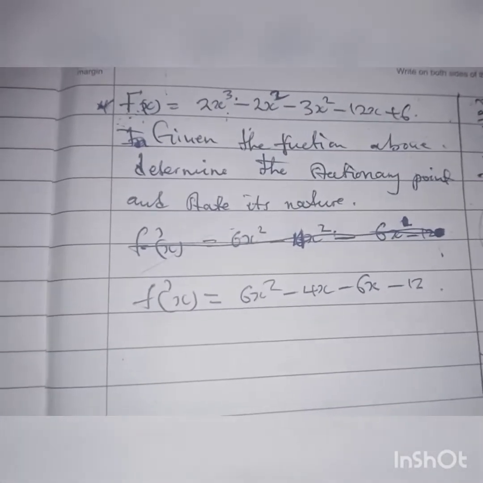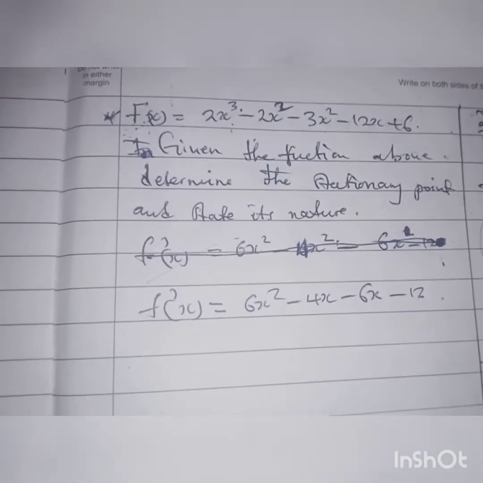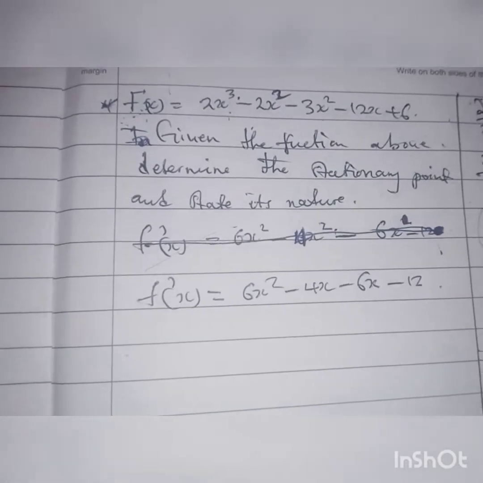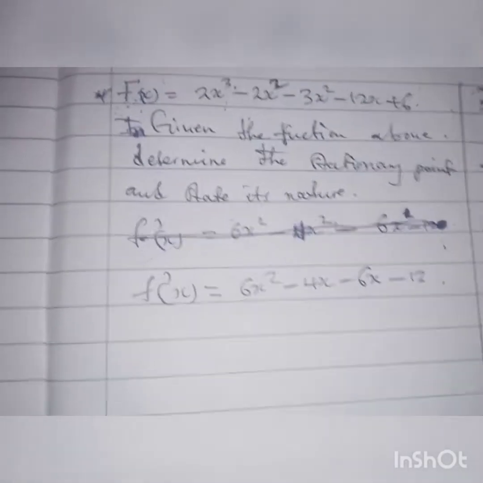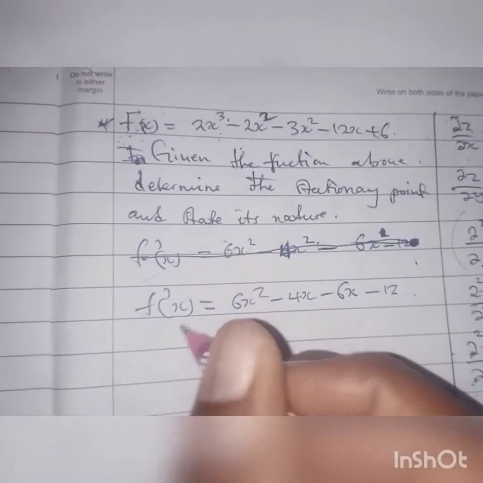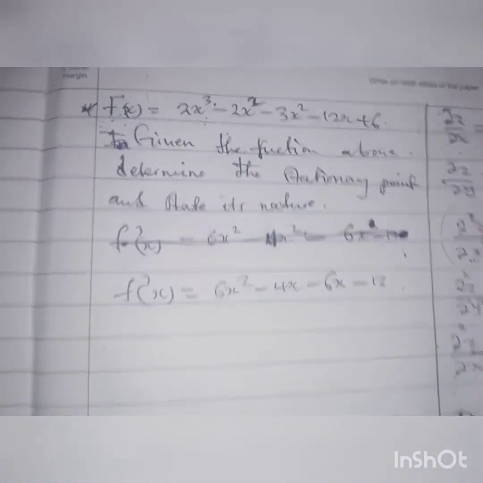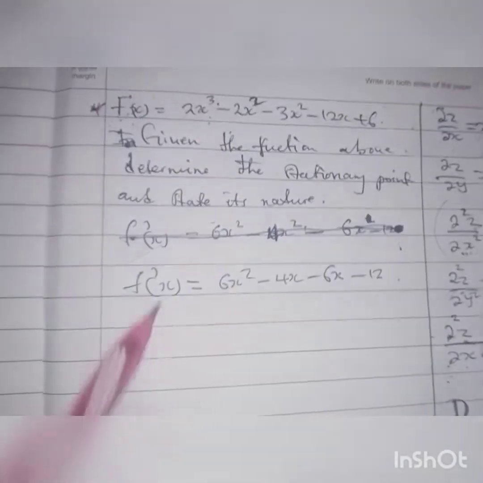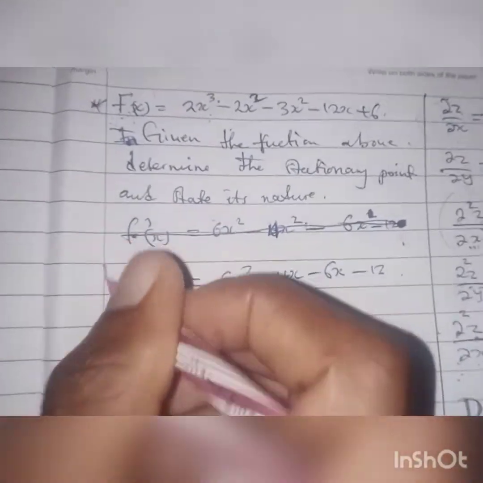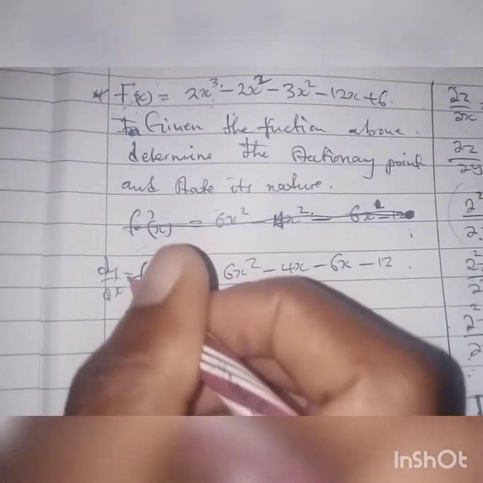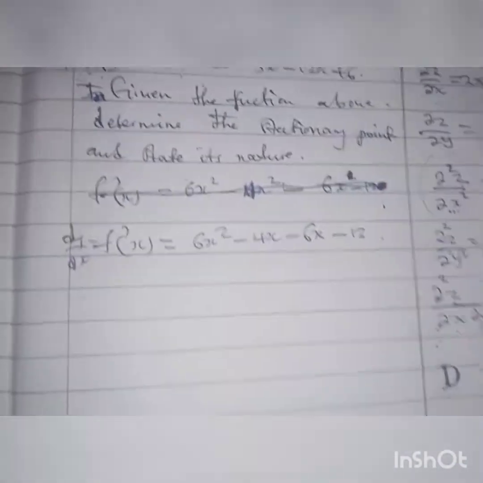For any function of x, when you are finding the stationary point, we use the first derivative, dy/dx, which is the slope.